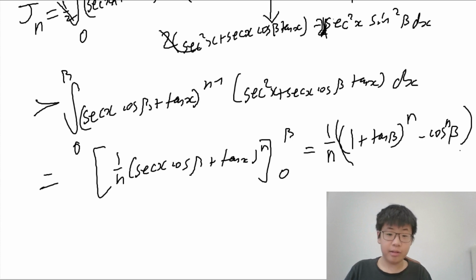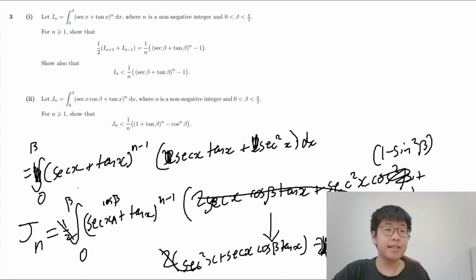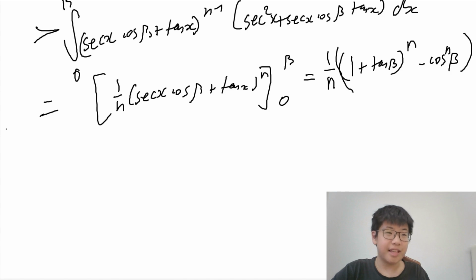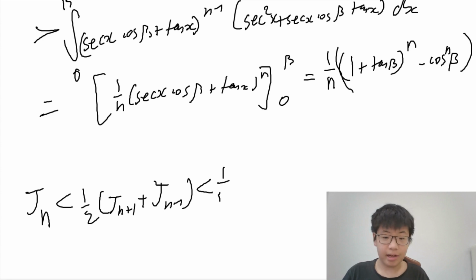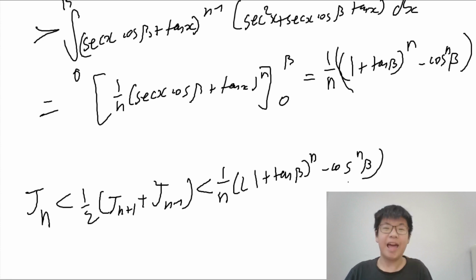Hence half J_{n+1} plus half J_{n-1} is less than this monstrosity. And as we have seen up here, since I_n is less than half (I_{n+1} plus I_{n-1}), and since J_n is just the same with a coefficient tacked onto it, this means that we can safely say J_n is less than half (J_{n+1} plus J_{n-1}), which is less than half times 1 over n ((1 plus tan beta)^n minus cos^n beta), as required.